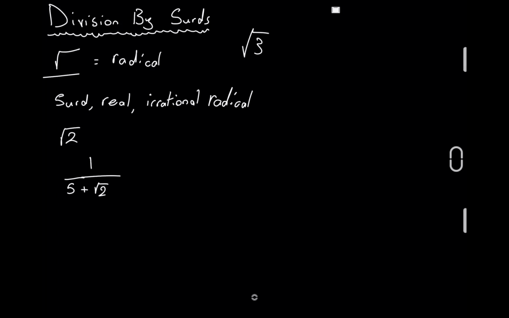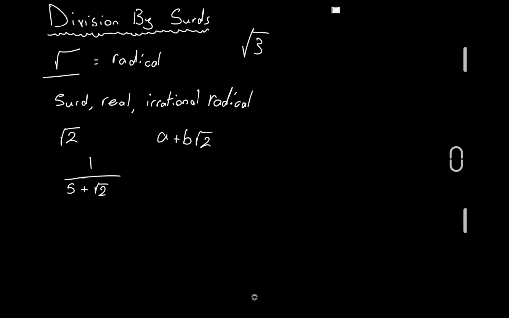Now, what we want to do is write this in the form of a plus b root 2, where a and b are just real numbers. How could we do this to make it just one number? Well, with anything like this where we've got a square root on our denominator, it makes it really hard to do the maths behind it.